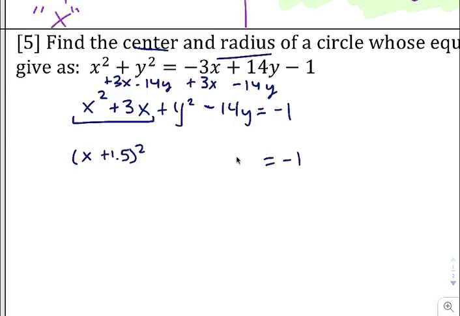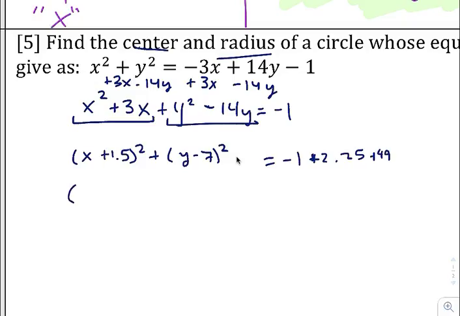Now we have to take 1.5 squared and add it to the right. 1.5 squared is 2.25, and so we'll add it to the right, because that's what completes our square. Then we'll complete the square here. And so y minus 14 will actually just be y minus 7 squared. 7 squared is 49. Several people were adding that together, which is a little disturbing, because remember it's a squared term. That's multiplication, so that's plus 49.